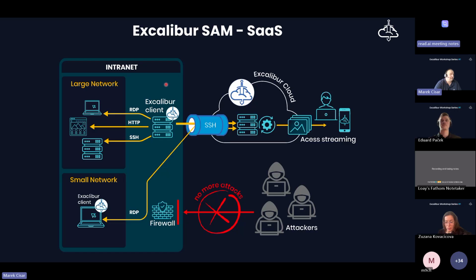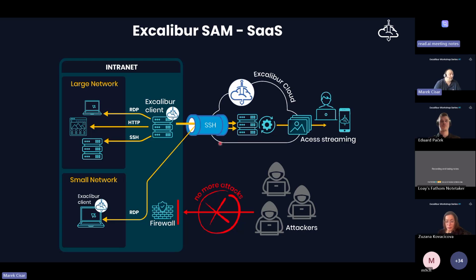So it's quite easy to allow this type of connectivity on the perimeter firewall. You don't need to open anything else on the perimeter firewalls to be accessed directly from the internet, because when the Excalibur tunneling client successfully connects to the Excalibur cloud, it will create a tunnel.